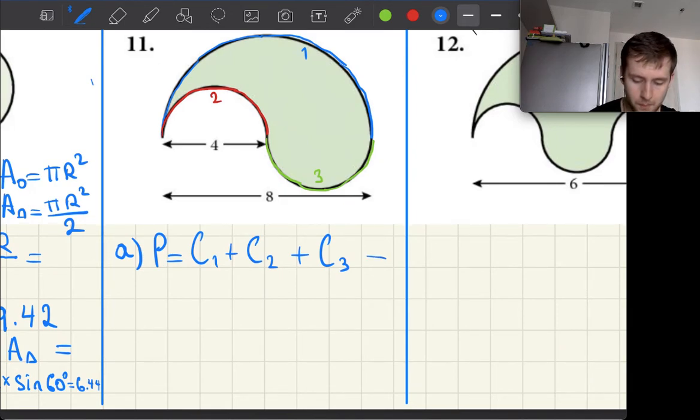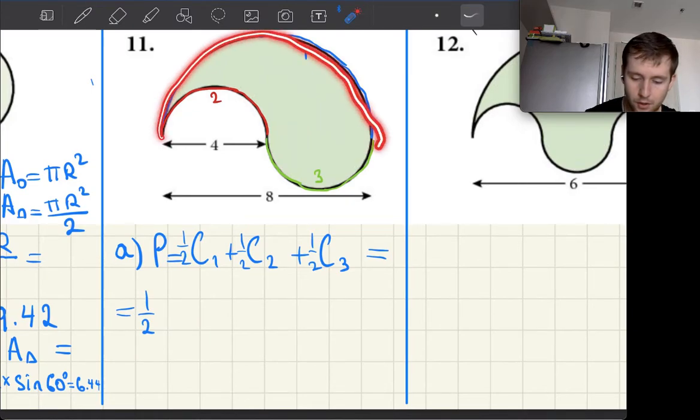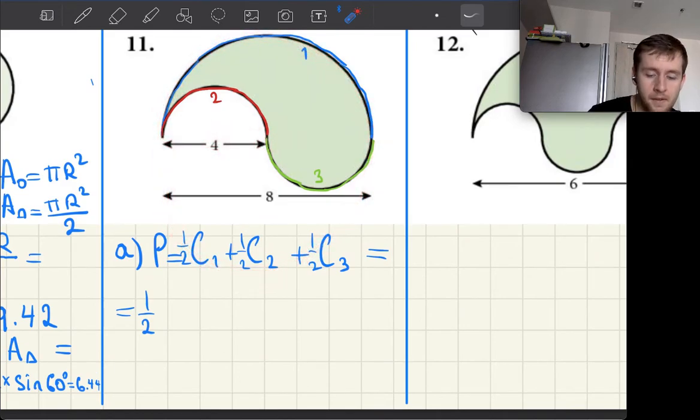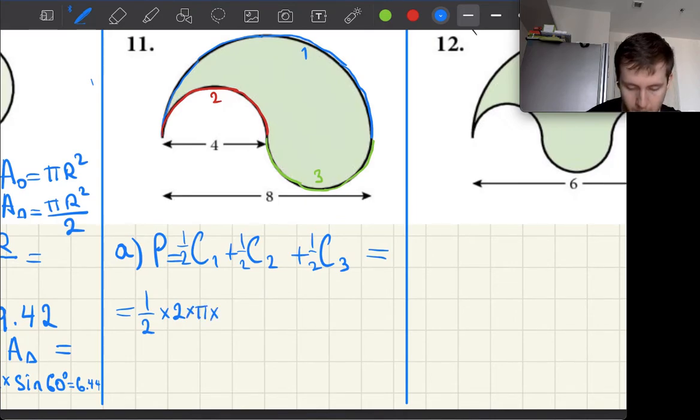So let's write it's half, right? For the first one, it's going to be half of the circumference of the circle with radius 4. So the radius of the circle is 4. So it's 1/2 times 2 times pi times r, and the radius is 4 in this case, right?